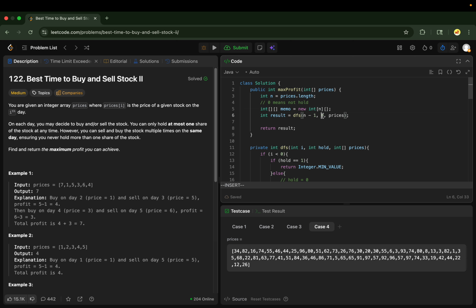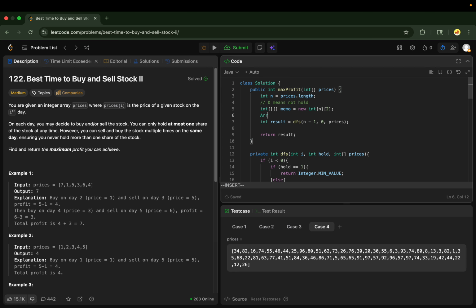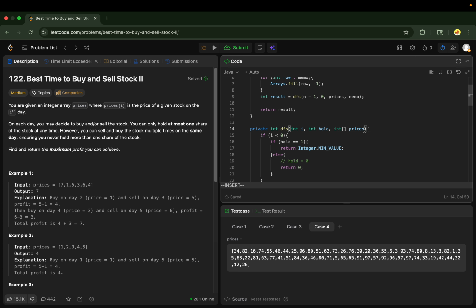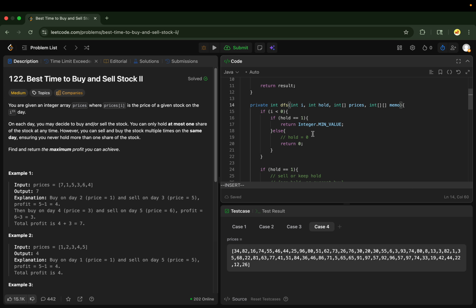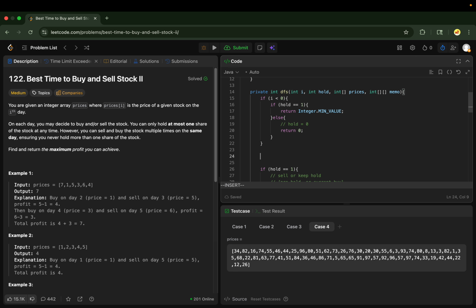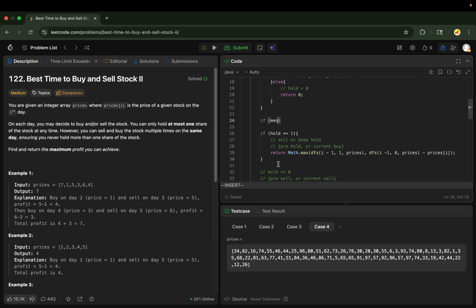So we can create a memo. We have to store the hold and the prices, so we can do this. Yep, we can put it inside. For here, we check before we go into this one.